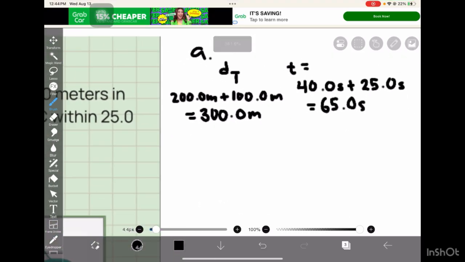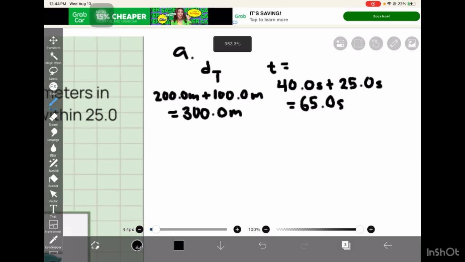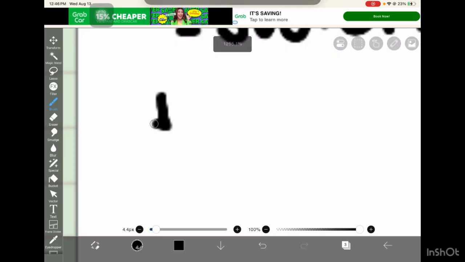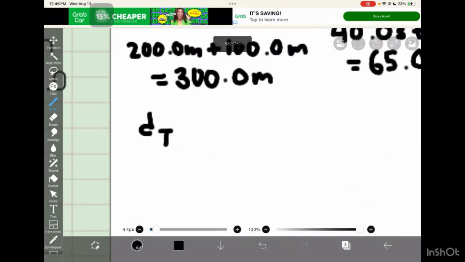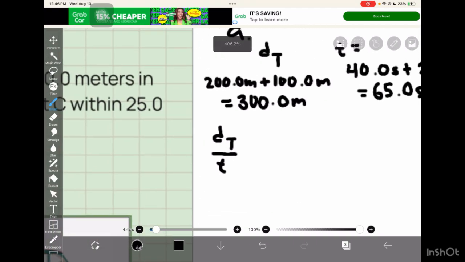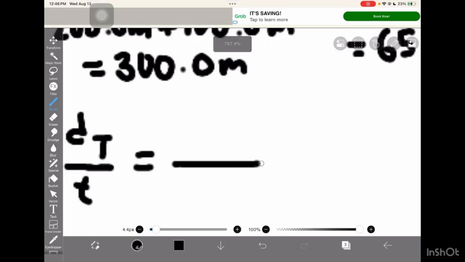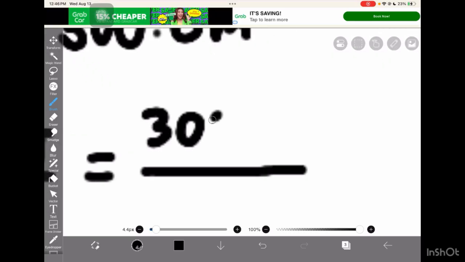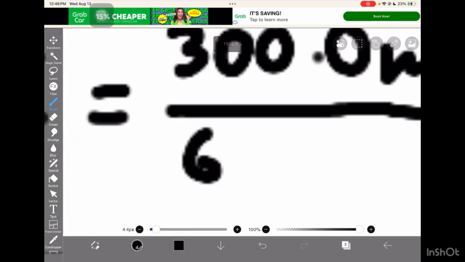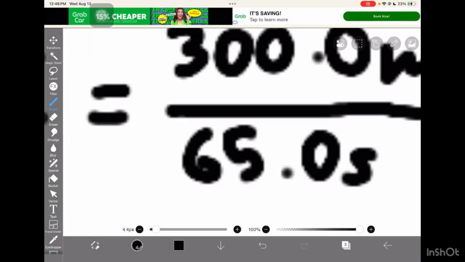Now that we have the values, I'll just go get my calculator, and then we can start solving. So let's recall our formula. That's d sub t over time. That's equal in this case to 300.0 meters over 65.0 seconds.